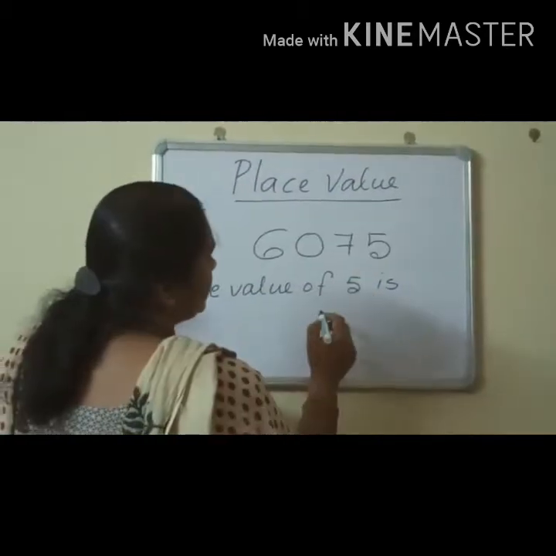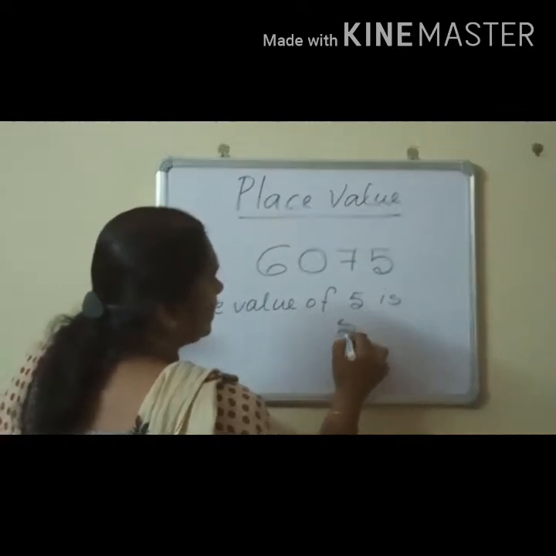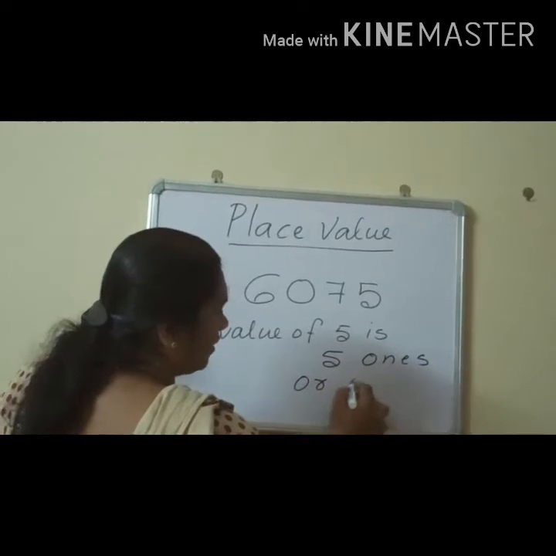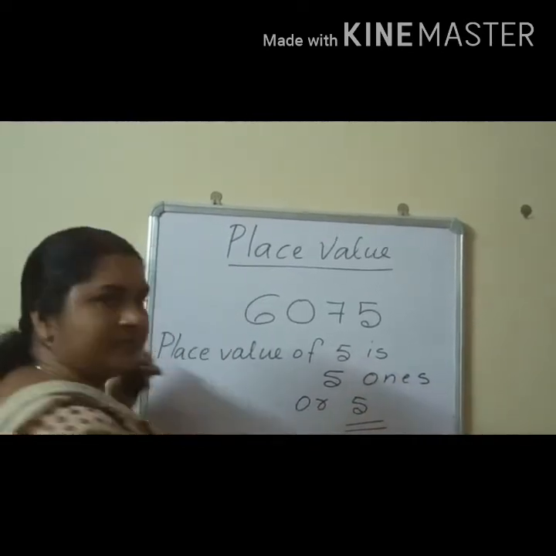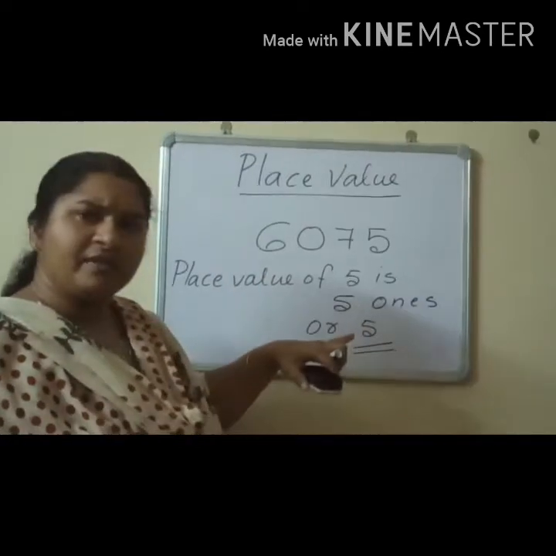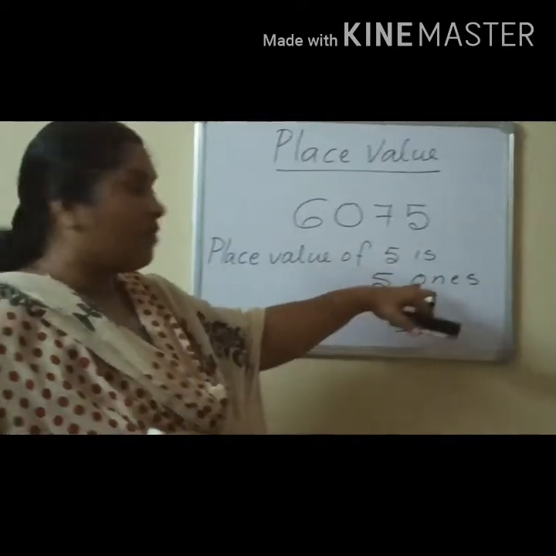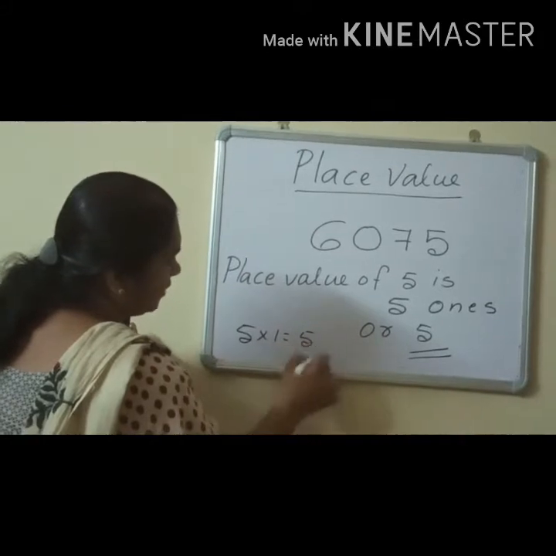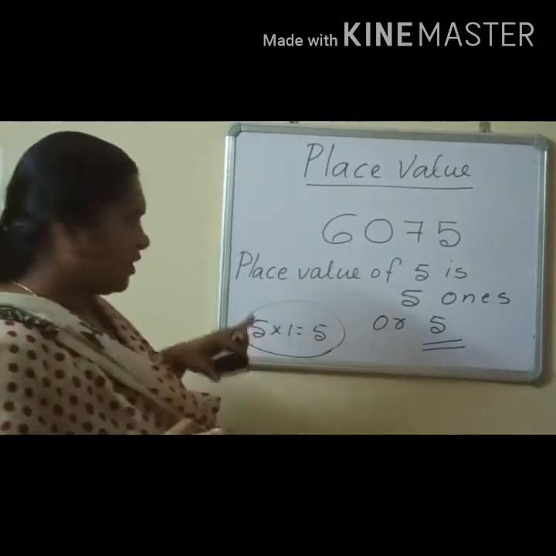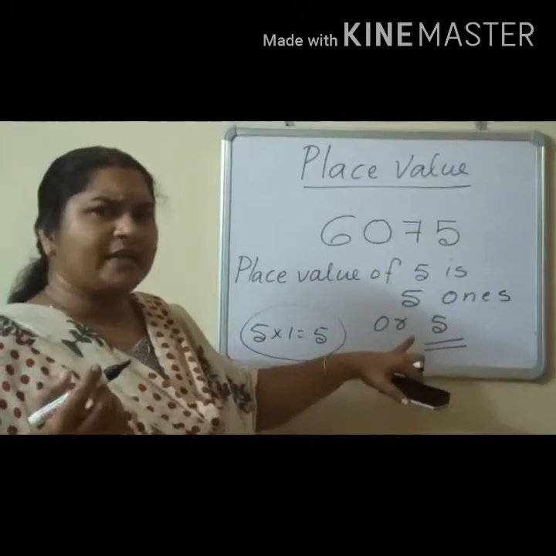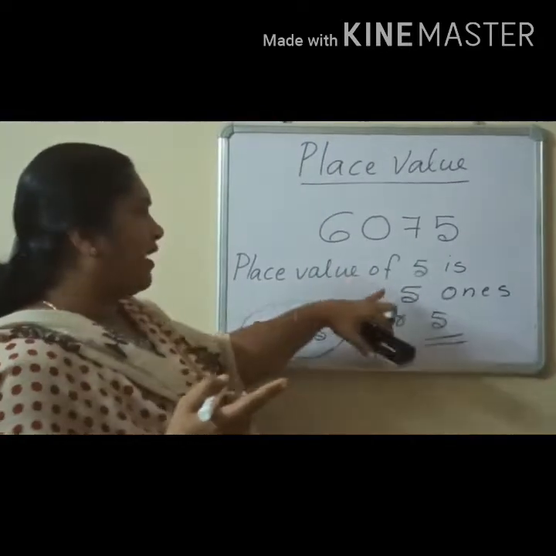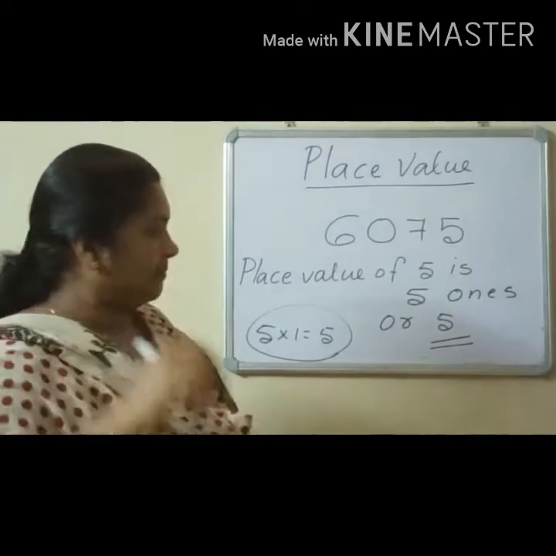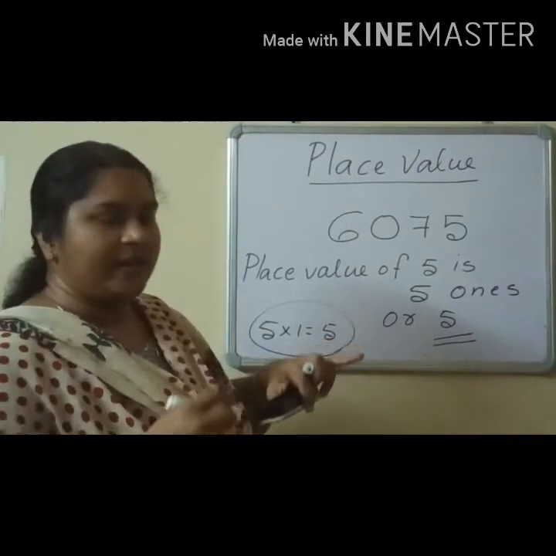So the place value of 5 is 5 ones, or 5. How do we get 5? 5 ones means 5 into 1, that is 5. So this we are not writing here. We know that in the ones table 5 ones are 5. So the answer is 5.